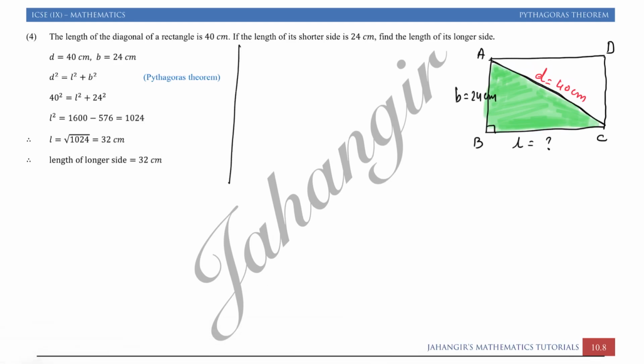So we can say in triangle ABC, angle B is equal to 90 degree. So as per the rule, if angle B is 90, AC is a hypotenuse, so I can say AC square is equal to AB square plus BC square. Reason you have to write Pythagoras theorem.